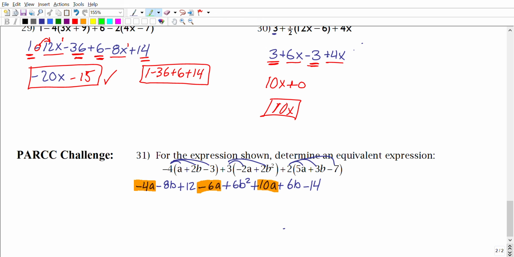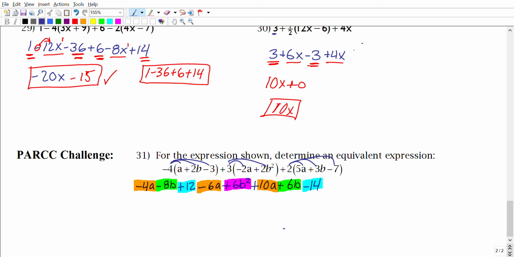Next one I see is negative 8b and a positive 6b, okay? Next one I see is a constant of 12 and a constant of negative 14. And finally, I have a 6b squared all by itself. And actually, that is the highest exponent here, guys.